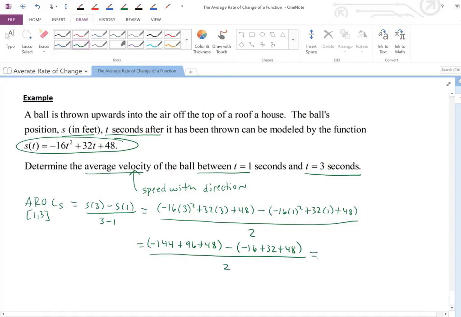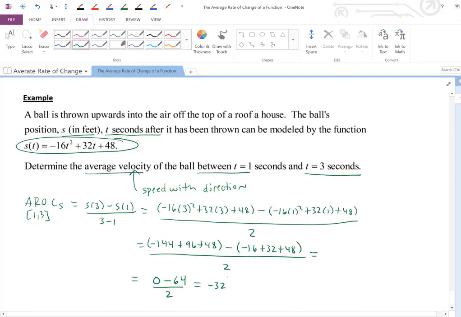In the first parenthesis, negative 144 plus 96 plus 48 actually is 0. And then minus the quantity, negative 16 plus 32 plus 48, which is 64. All over 2, that gives us negative 32.